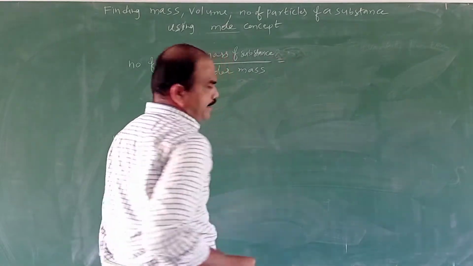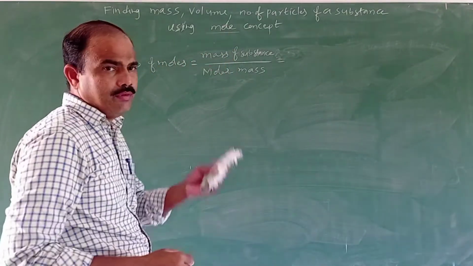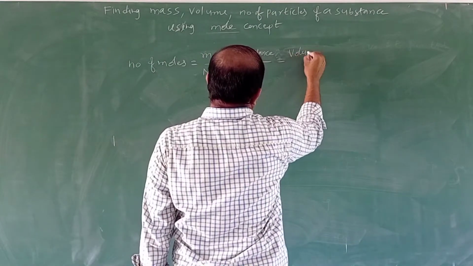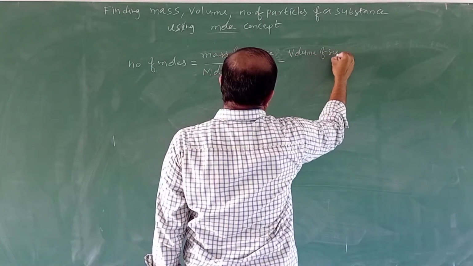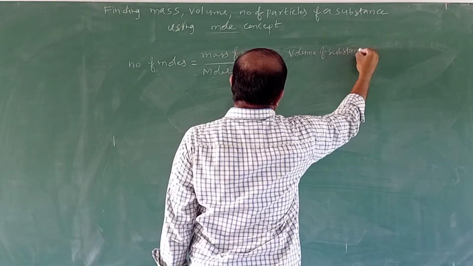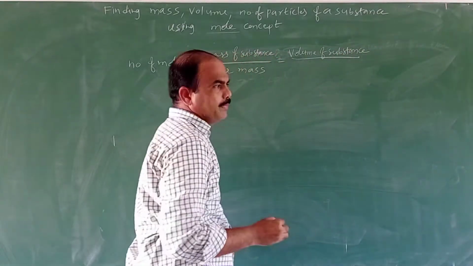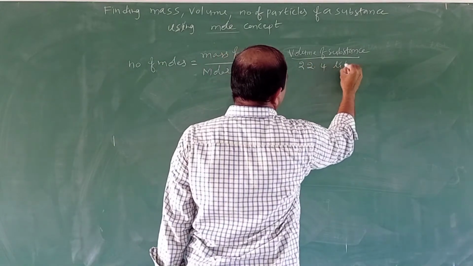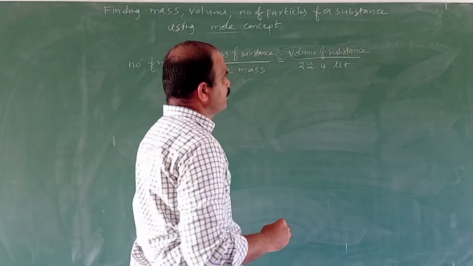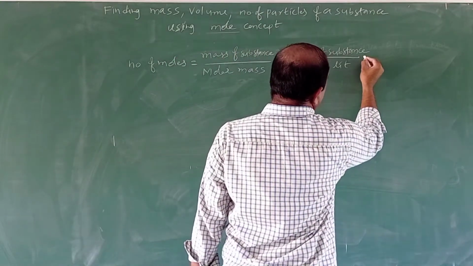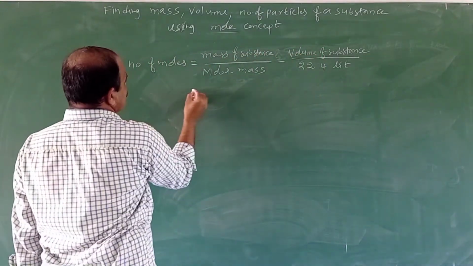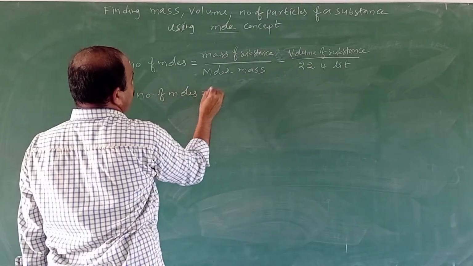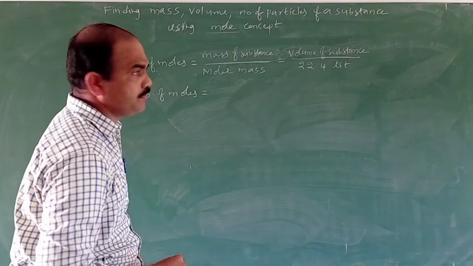The second formula is in terms of volume. The number of moles is equal to the volume of substance divided by 22.4 liters. And another formula is in terms of the number of particles.